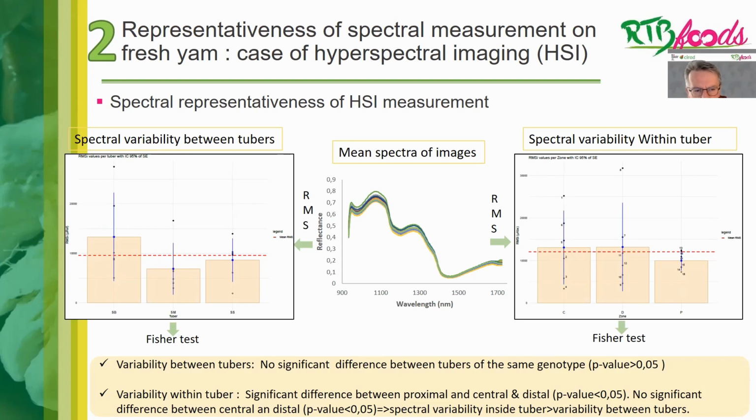So tuber shape contributes an important effect to the image. We tried to work around this by getting tubers with a regular shape and cutting out a shape that gives a continuous and consistent image. Thank you. That's my contribution for now.